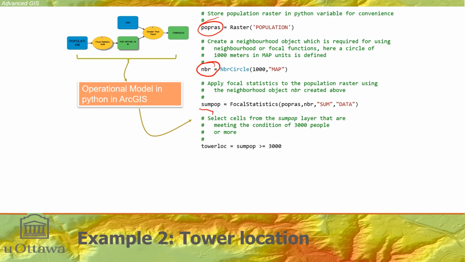Then we say sum pop, which would be the sum of the population around each cell, would be equal to focal statistics. The input would be the popras variable, and then the neighborhood is next. And we want to do a sum in there.